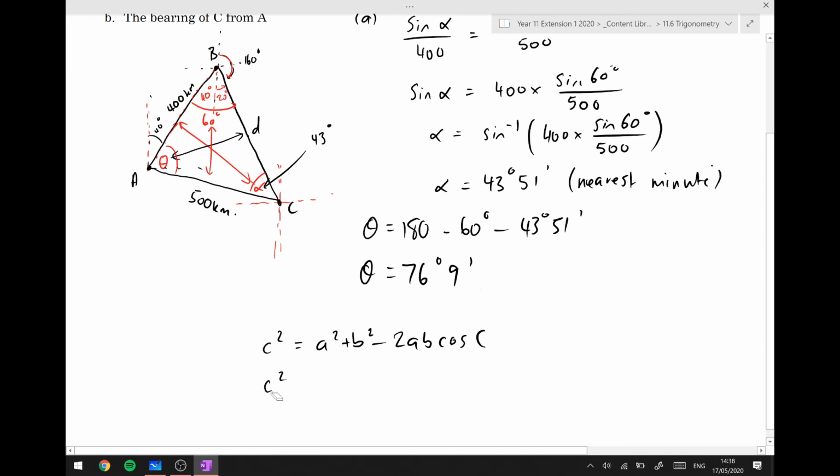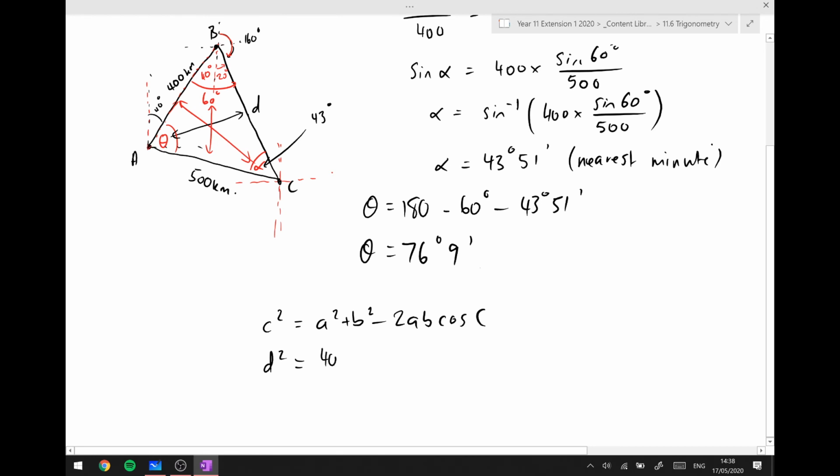So c squared in this case is my d, my distance, is equal to, now 400 and 500. It doesn't matter which one you put these in, just make sure that both of those go in, not the same one though. Times my cos of the angle that I just found, which was 76 degrees and 9 minutes. So D is equal to the square root of that.